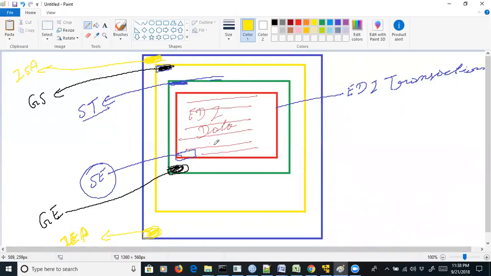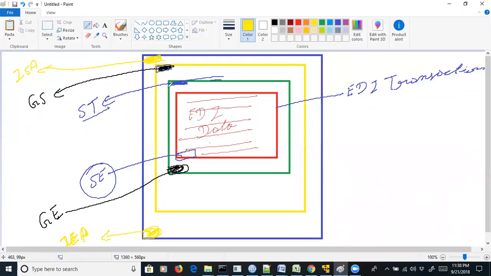So we have three envelopes: the transaction envelope, the group envelope, and the interchange envelope. Each envelope has two records, or two segments: one is called the header segment, the other the footer or trailer segment.